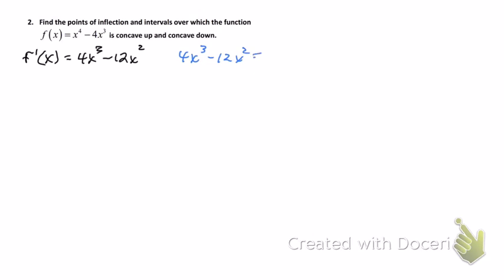So I take that thing and I set it to 0. I don't want to throw anything away unnecessarily, so I'm going to factor out my 4x squared. I've got two factors that when multiplied together give me 0, so I can set each one to 0.